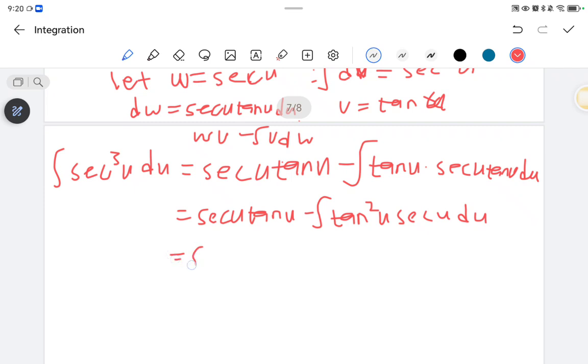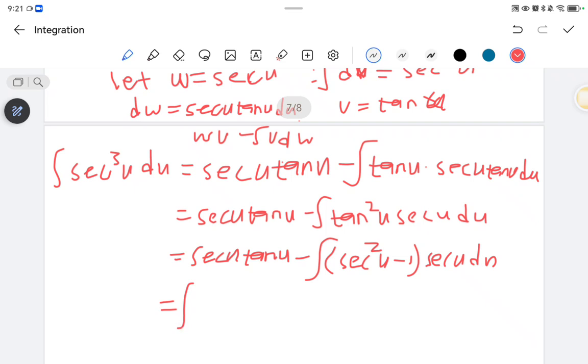So here will be sec u tan u minus the integral. We know that when we have tan squared u, we change it to what? To sec squared u minus 1, times sec u du. This is equal to sec u tan u minus the integral of sec cubed u plus the integral of sec u du.